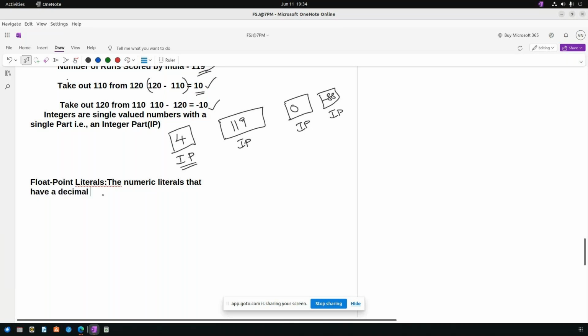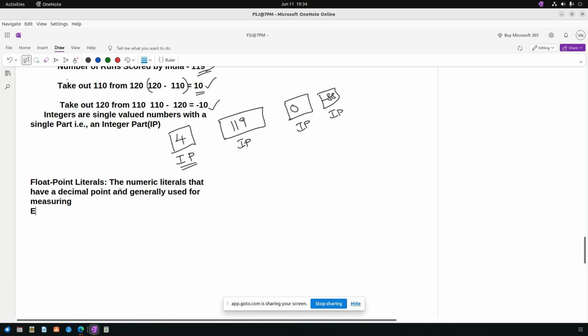Float point literals are the literals that will have a decimal point and are generally used for measuring. So generally used not for counting here, but for measuring.